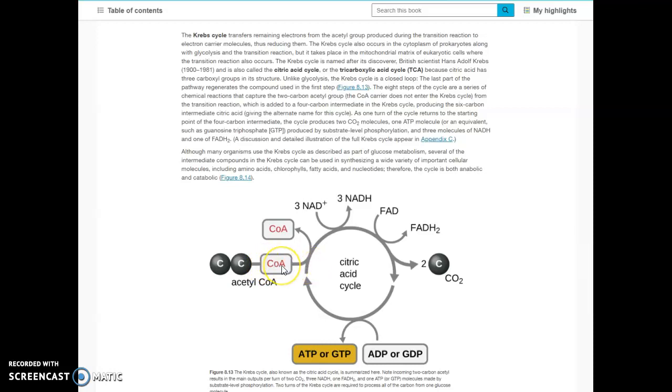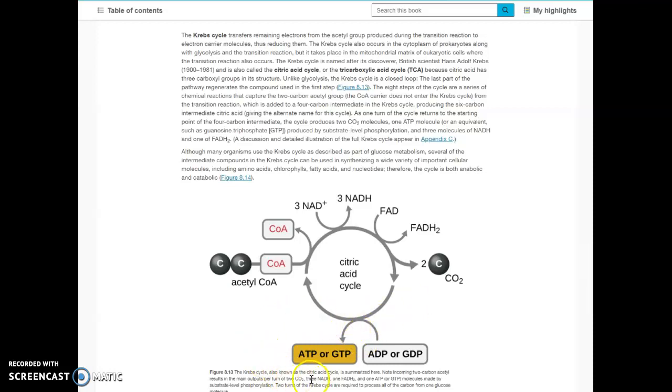Now, in the citric acid cycle, we're going to strip off that CoA. We're going to end up with 3 NADHs, so we're reducing 3 of our NAD pluses. Our FAD becomes FADH2, which is the equivalent of adding 2 electrons. We end up with 2 carbon dioxide molecules, which are going to be a waste product, essentially.